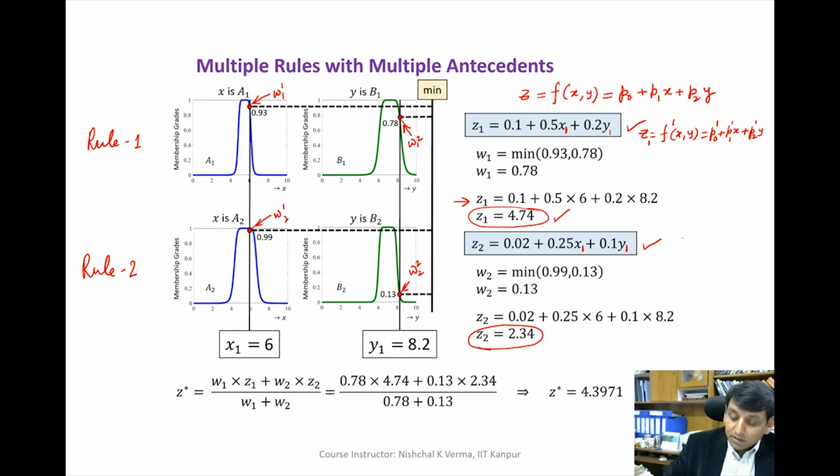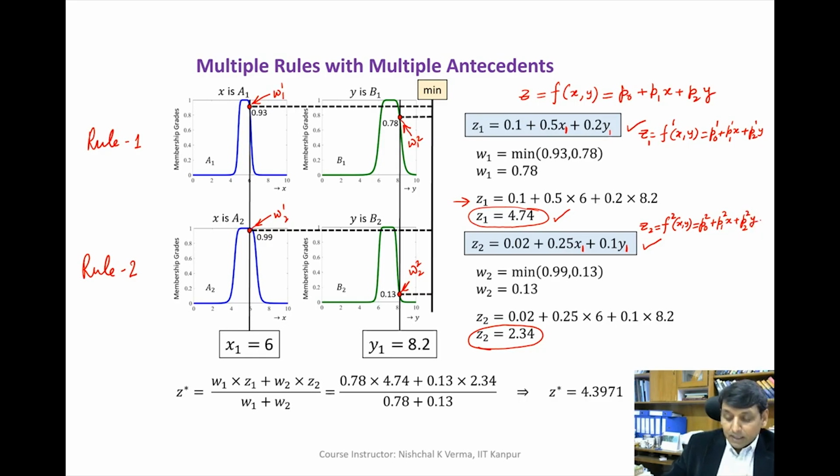Similarly, our Z2 is of this form: Z2 is f2 of x, y, equal to p02 plus p12 x plus p22 y.